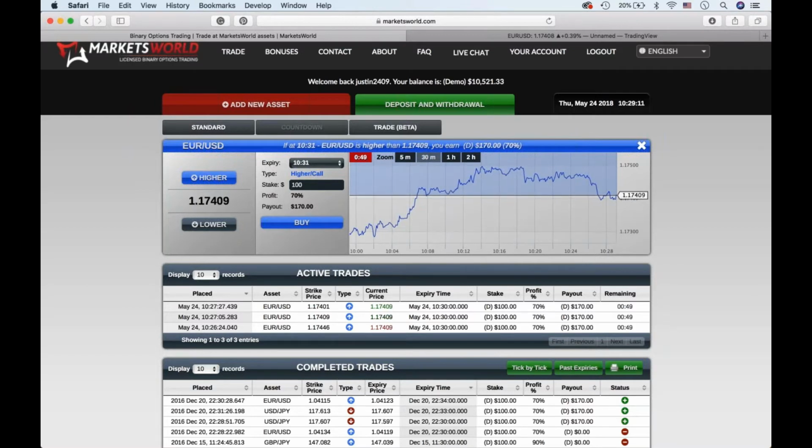Let's see, we have less than a minute to go. We'll see what will happen here. 1 is in the money, the other 2 are still struggling. We have around 25 seconds to go.